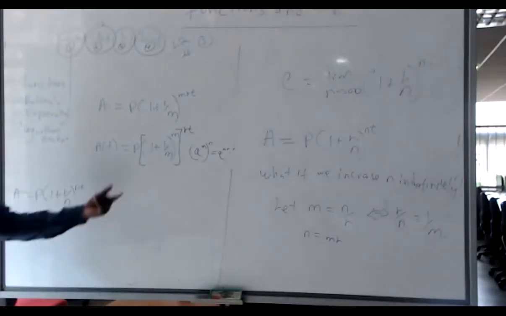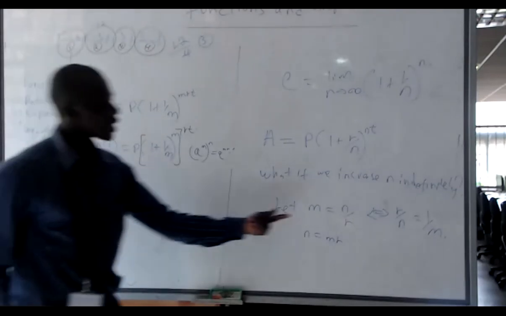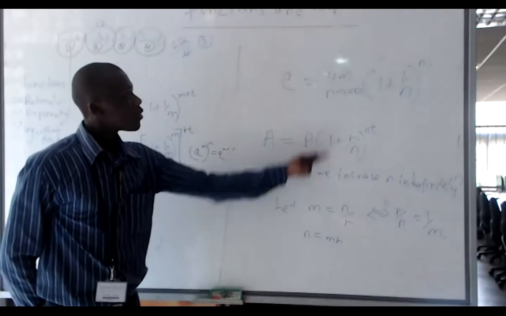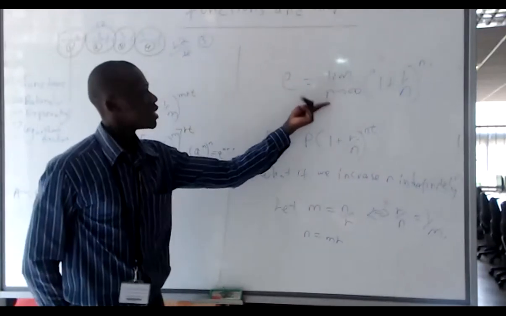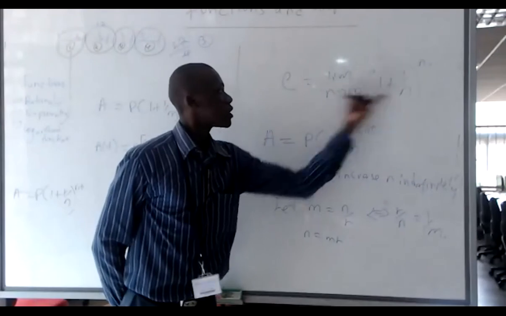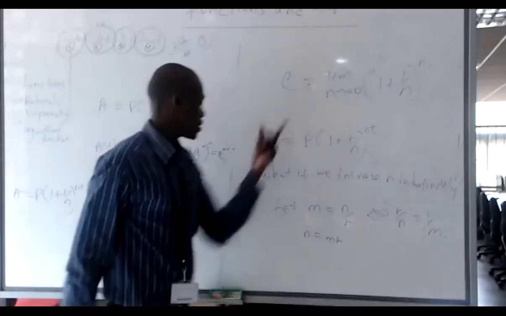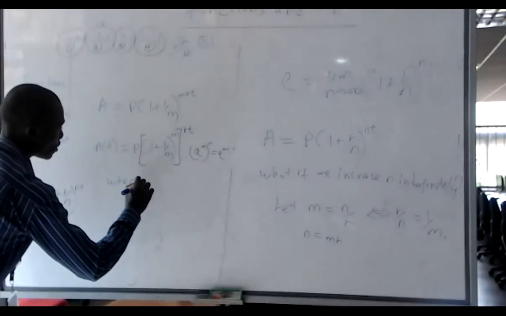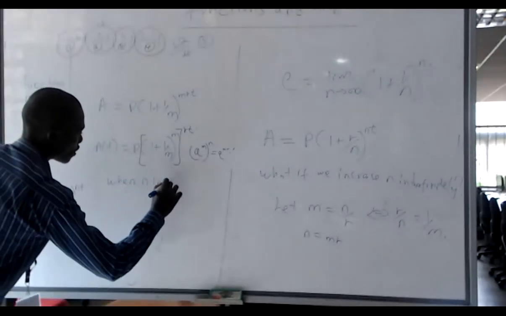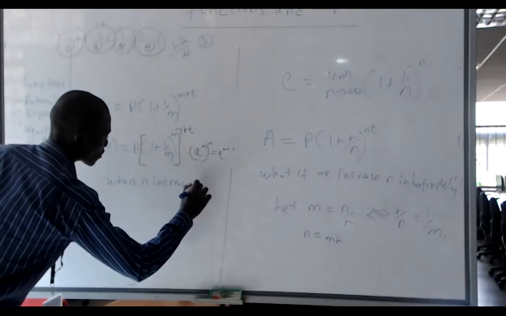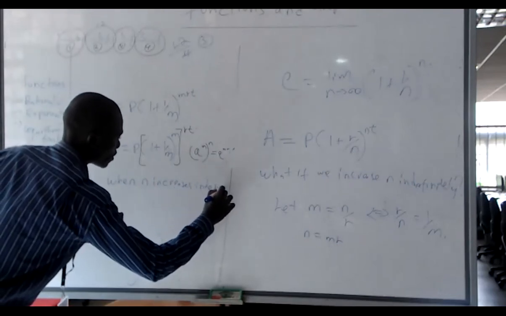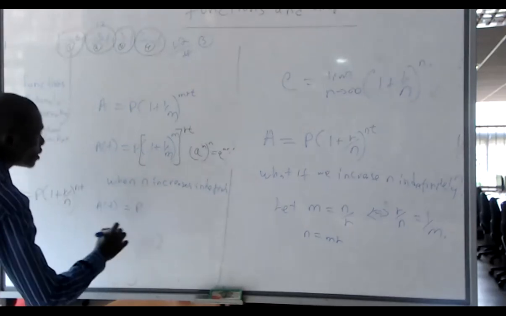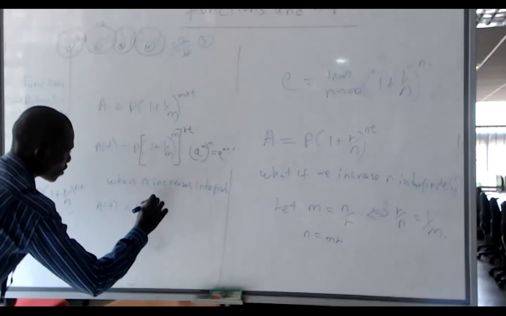Then as I increase the compounding period, as I increase n indefinitely, m also increases indefinitely. But from this definition, when n increases indefinitely, this number approaches Euler number, E. So we have the amount of money being given by P times exponent of RT.